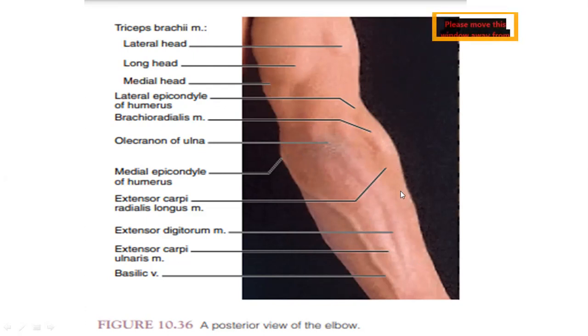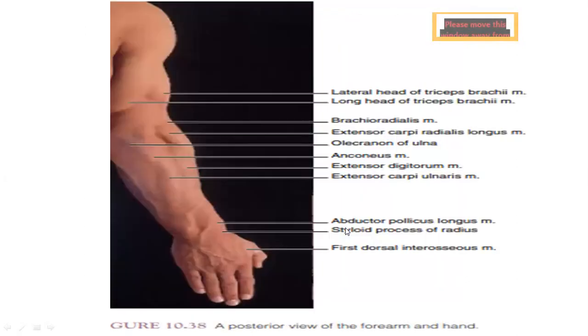So we have extensor carpi radialis longus, right? Then extensor digitorum, extensor carpi ulnaris muscle. Then more prominently the veins we find: towards the medial aspect we have basilic vein, and towards the lateral aspect we have cephalic vein.